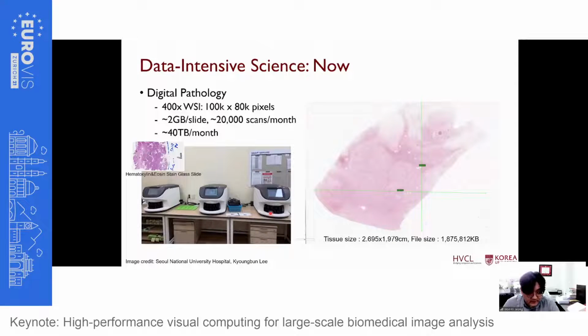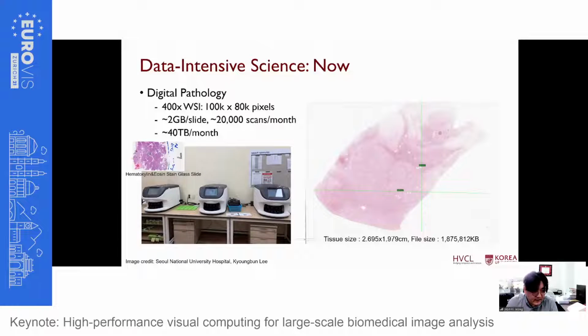And this is another example that I also work on in collaboration with medical doctors at Seoul National University Hospital. This is an example of digital pathology. Digital pathology is a discipline in medicine that examines tissue using digital devices, which means that in the old times, they used a glass slide, as you can see here.